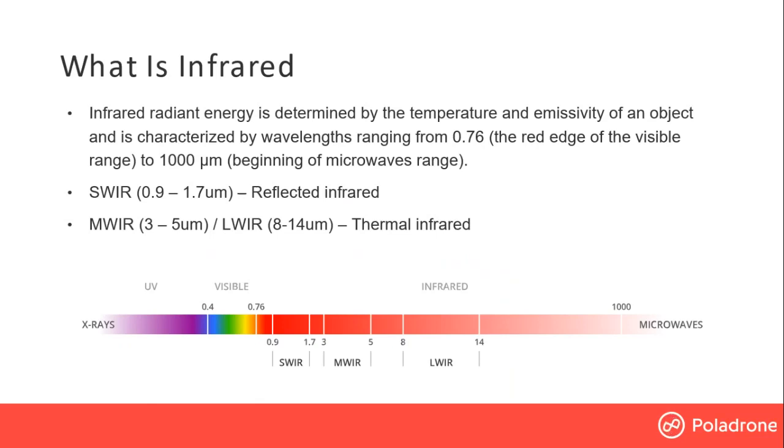Then the medium wavelength and long wave infrared regions are referred to as thermal infrared, because the radiation is emitted from the object itself and no external light source is needed to image the object. These are the major differences between short wavelength and medium and long wavelength.